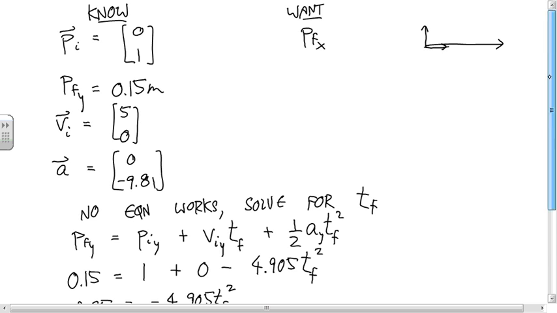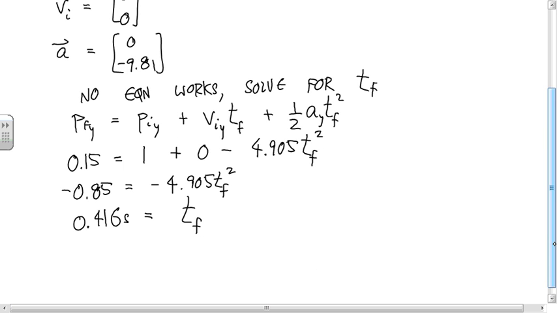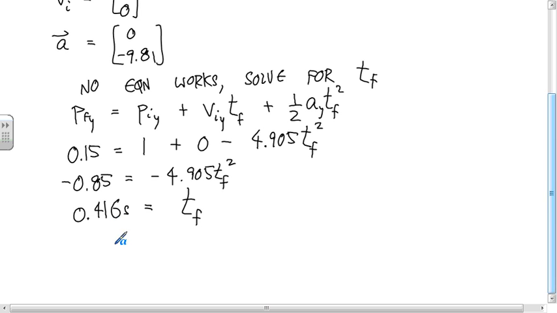And now we know all of this information, and we also know TF. Is there an equation that'll let us solve for PFX now? Yes, there is. And that equation is just the x version of the equation we just used.